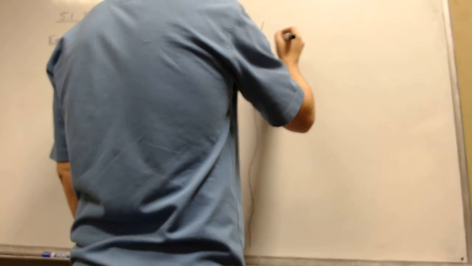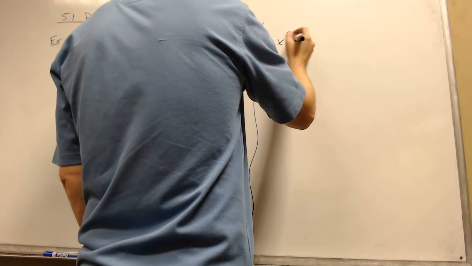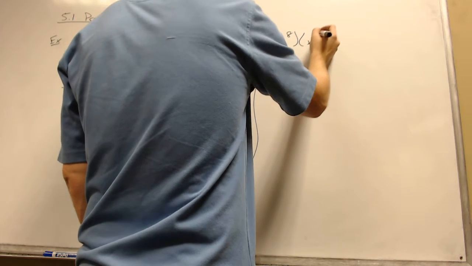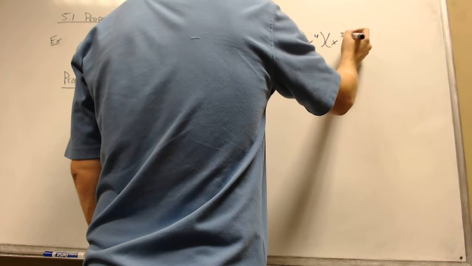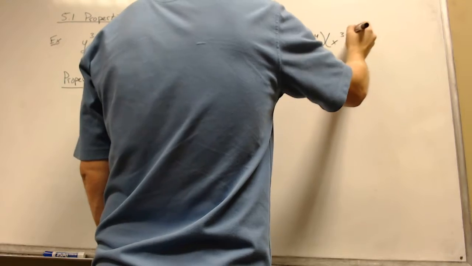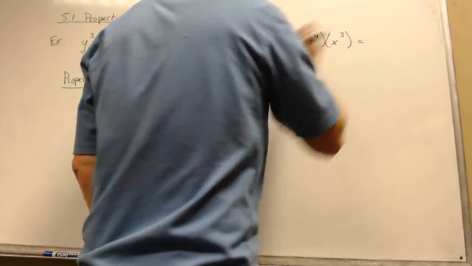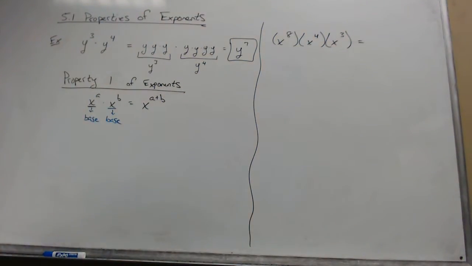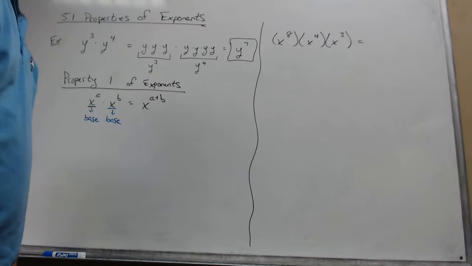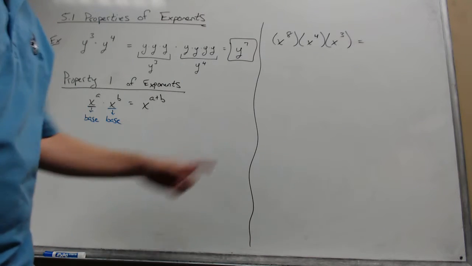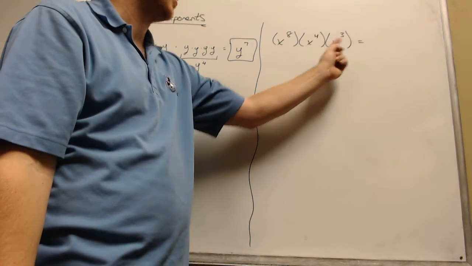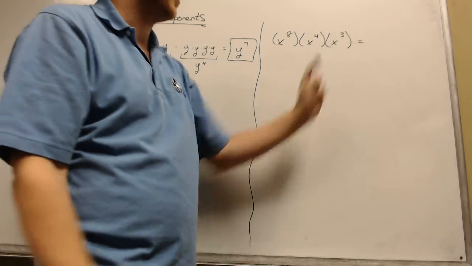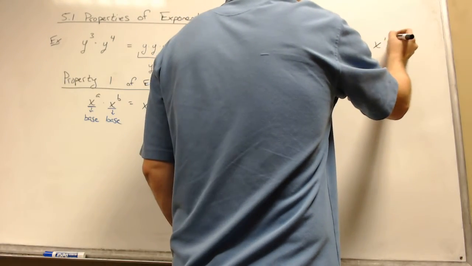If I had x to the 8th times x to the 4th times x to the 3rd. Well, all 3 of these terms have the same base, so I can just add the exponents. 8 plus 4 is 12, 12 plus 3 is 15, so altogether we'd have 15 x's multiplied together. So x to the 15th.